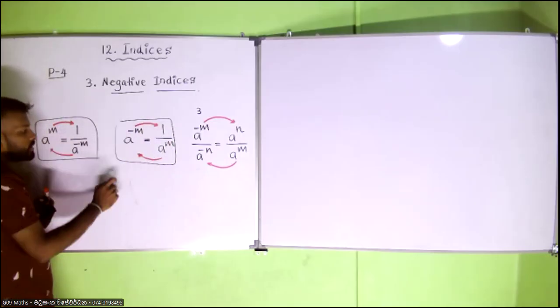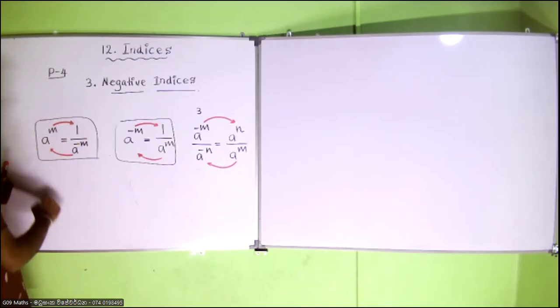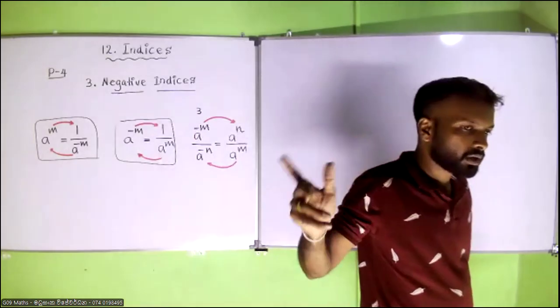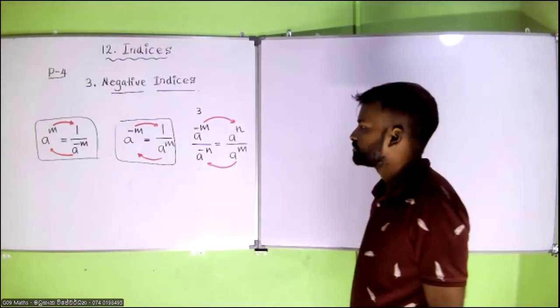Reciprocal, negative. Reciprocal, positive. Right? This is negative way. It becomes positive way when you take the reciprocal. Very easy. Reciprocal, negative. Reciprocal, positive. Reciprocal, opposite.